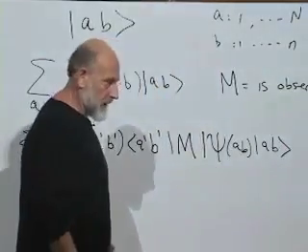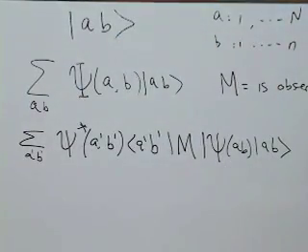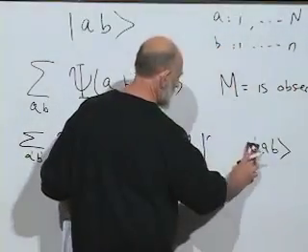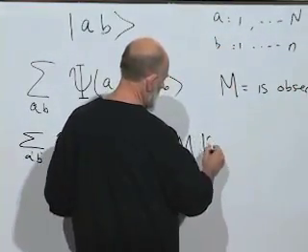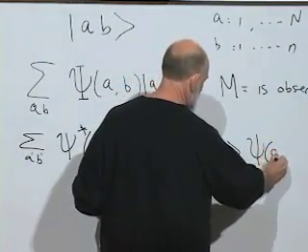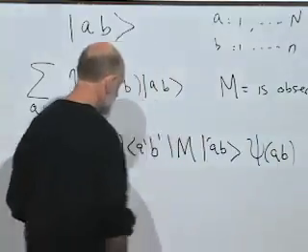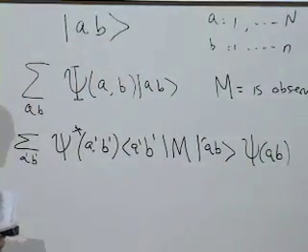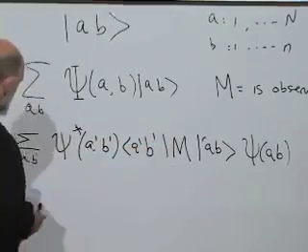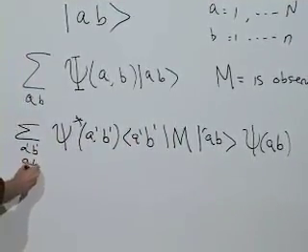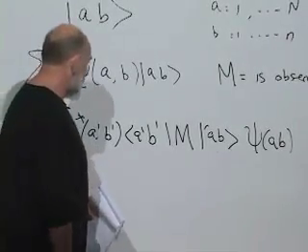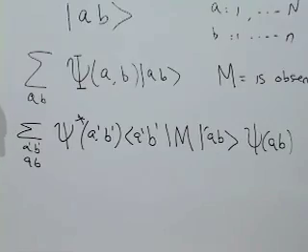I'll tell you what, let's take the psi and stick it on the outside here. Now we separately have to sum over A prime and B prime to define the bra vector, and we also have to sum over A and B to define the ket vector. And that's the expectation value that we're interested in.